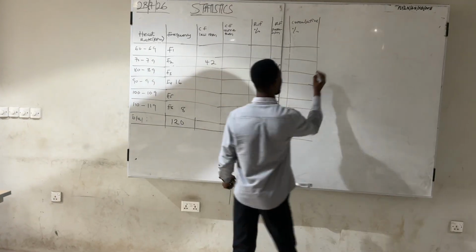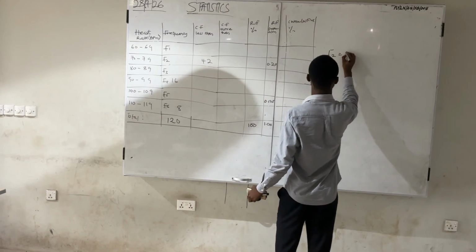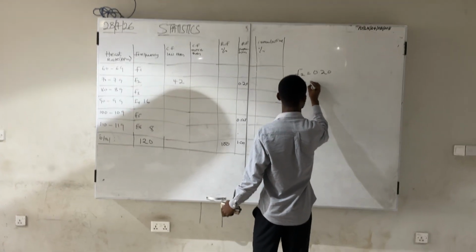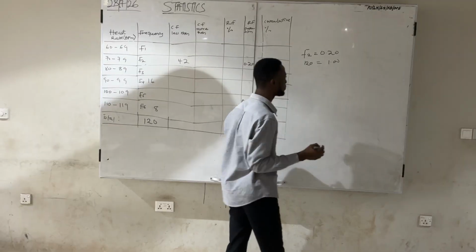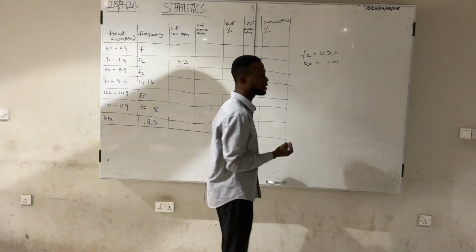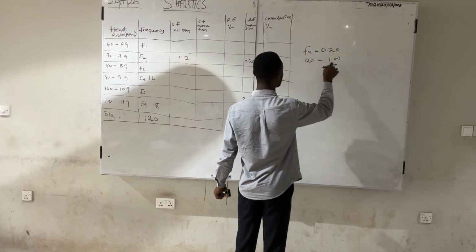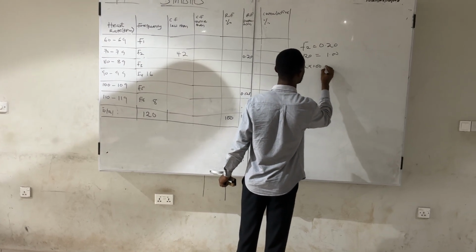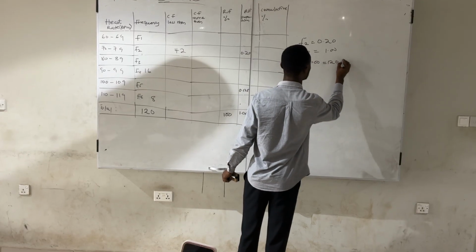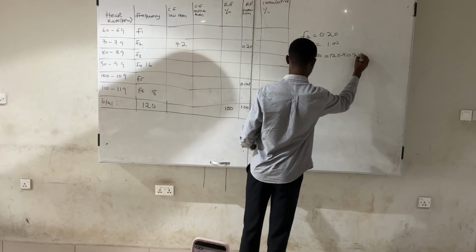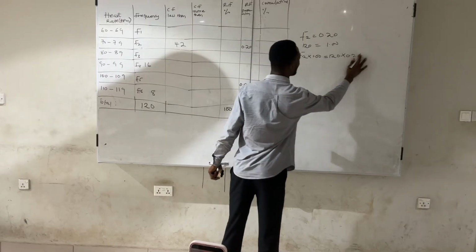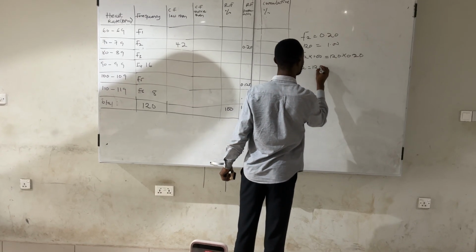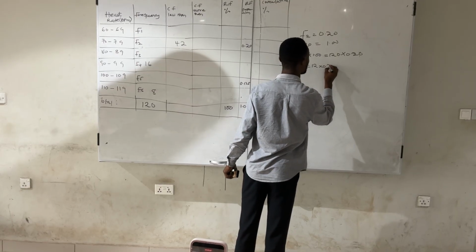So F2 over 0.20 equals the total frequency, 120, over 1.00. To make F2 the subject, we do cross multiplication. So F2 times 1.0 equals 120 times 0.20.